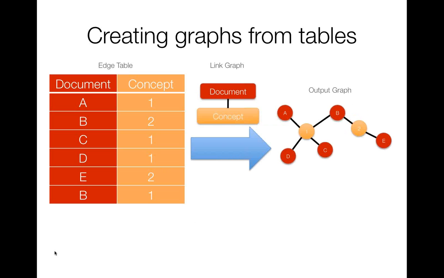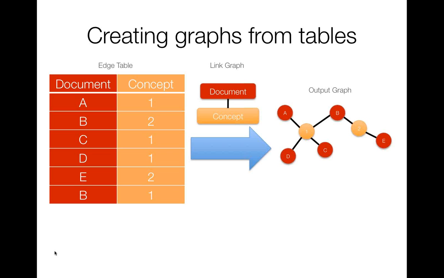The most basic case is you have two columns in your table and you want to associate them with each other. So one example would be if you had communications data and you had a from and a to, then those would be the fields, or the columns, that define the linkages in your data. Here we have a document, and it might have been associated through maybe some algorithm, or somebody tagged them with certain concept numbers in order to add some structure to these documents.